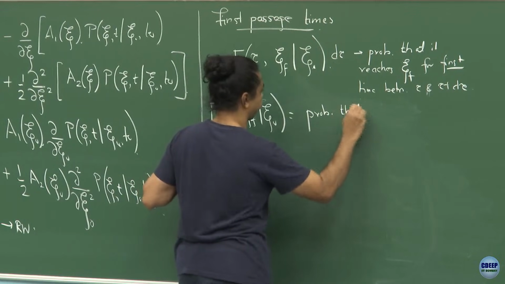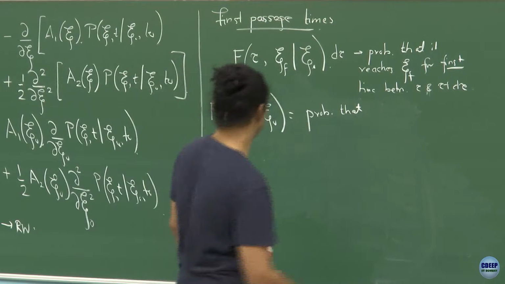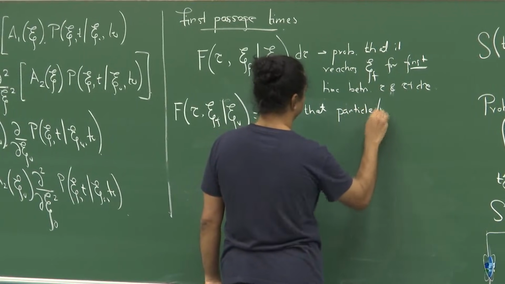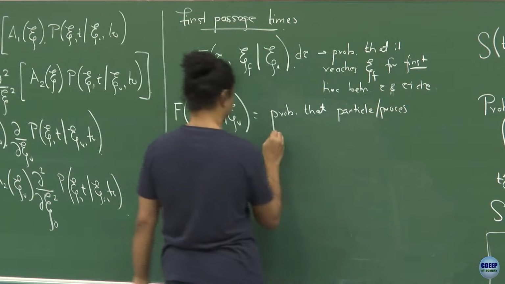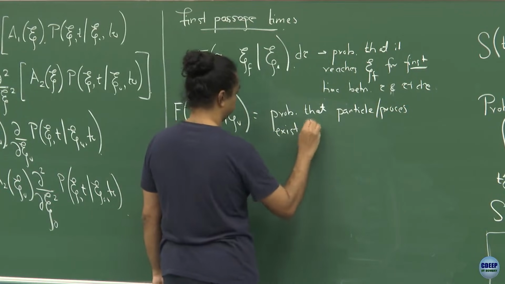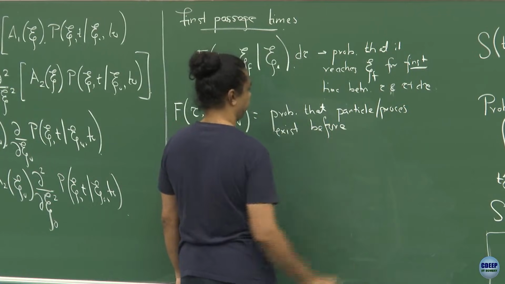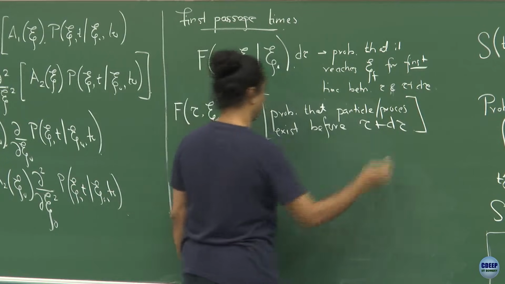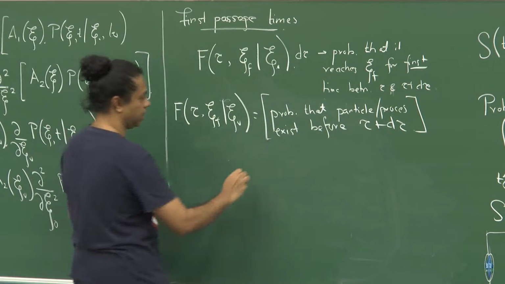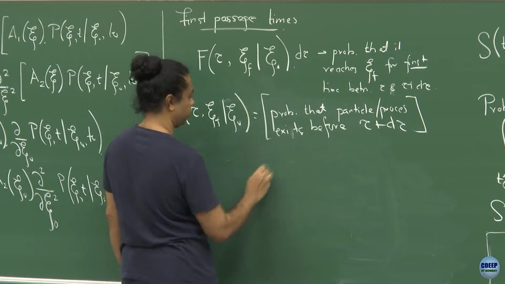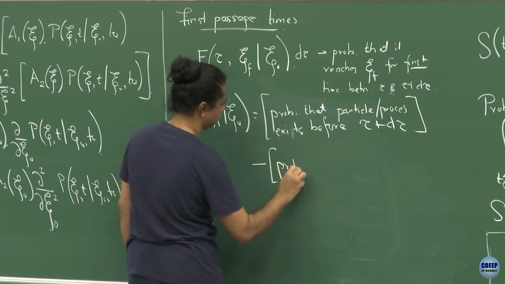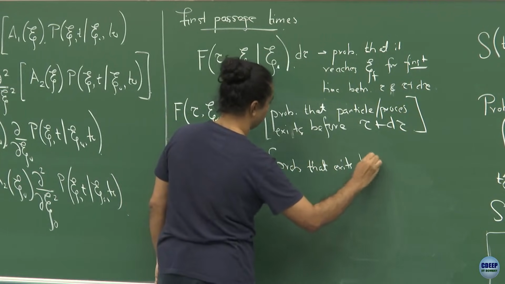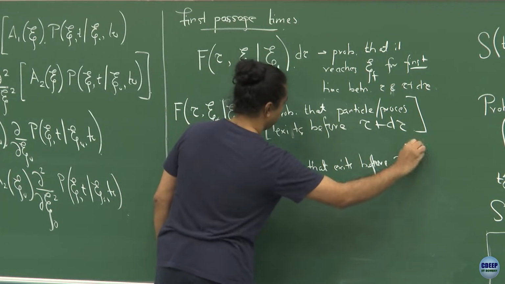that this particle or process, whatever process, exits before tau plus d tau, minus the probability that it exits before tau.